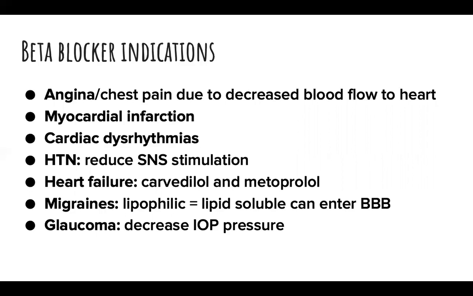So if we give a beta blocker when somebody is having an MI, myocardial infarction, they're more likely to live. So that's pretty cool. Beta blockers can be used for cardiac dysrhythmias. A dysrhythmia is abnormal electricity firing in the heart. Hypertension, heart failure, migraines, and glaucoma.